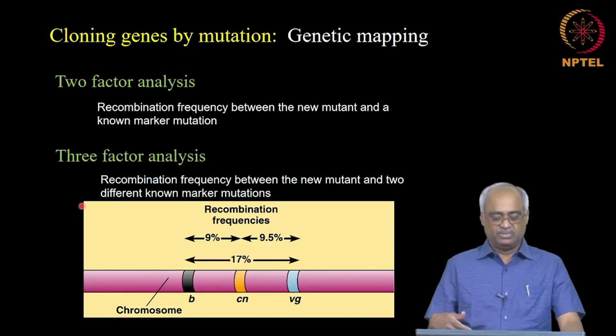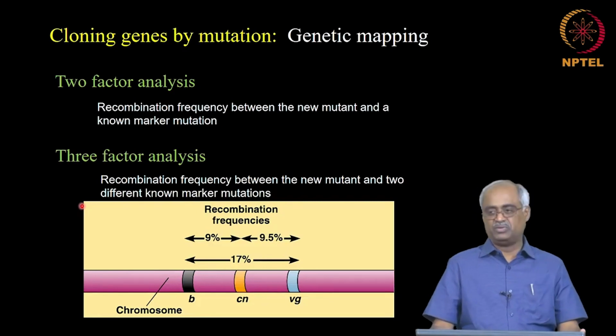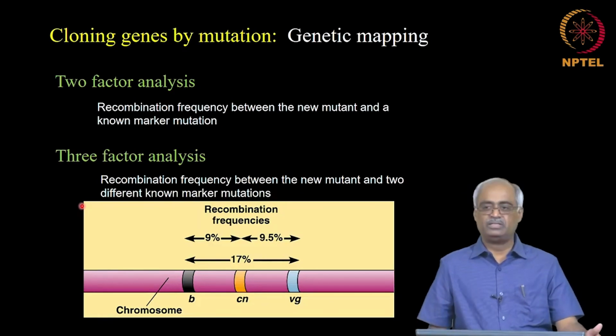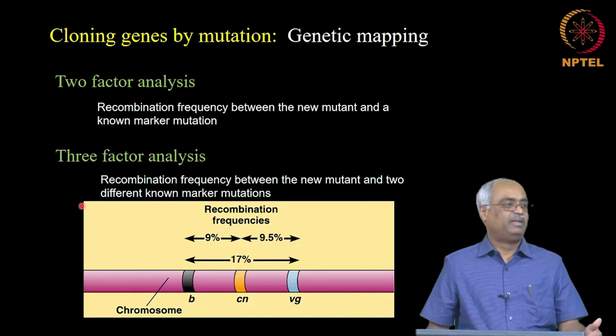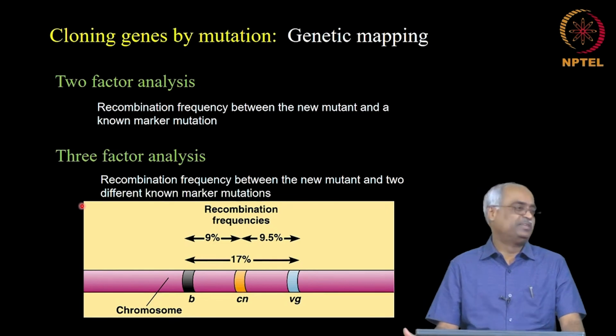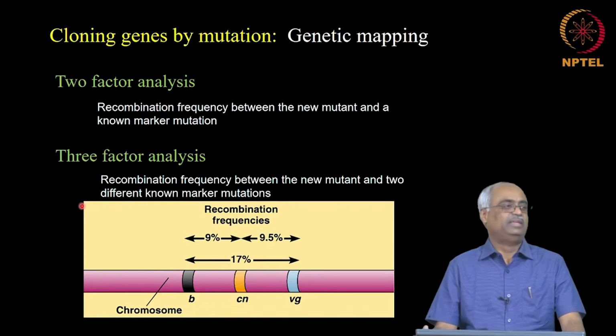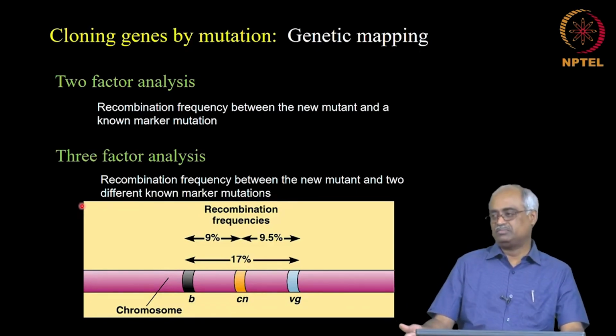Now, you do that Morgan's experiment. Okay. So, try to see the recombination frequency between your mutant allele and that known mutant allele. And if you find they are independently assorting, then you know it is not on the same chromosome. If they show linkage, then you know okay, it is on chromosome 1.